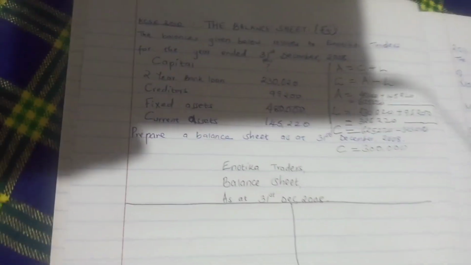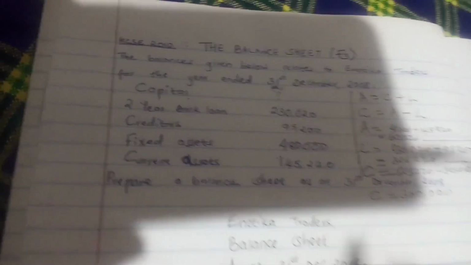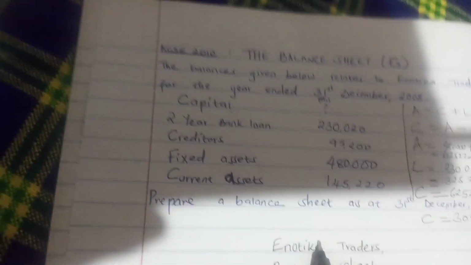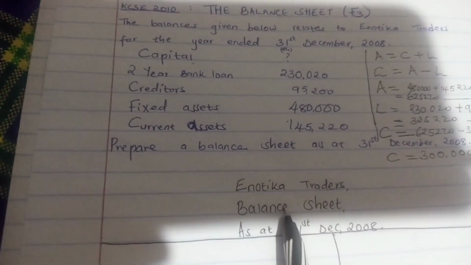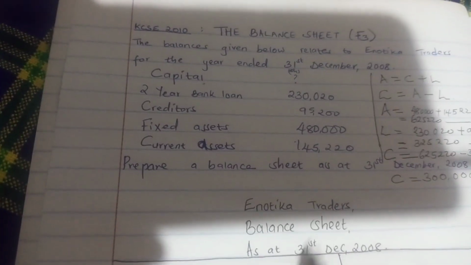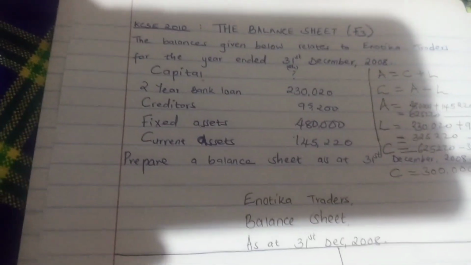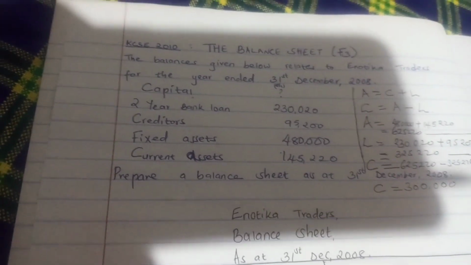Then we can proceed to our balance sheet. In our heading, you're supposed to start with the name of the business, then the account you're preparing, which is the balance sheet, and then as at, and the date, 31st December 2008. That is what the question requires.